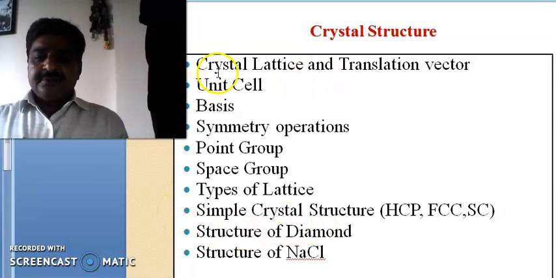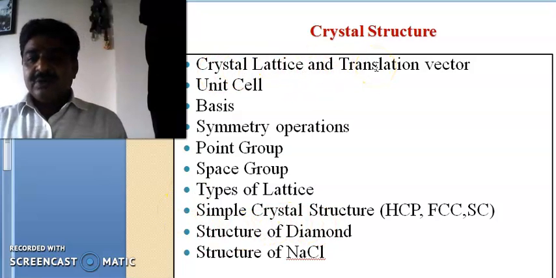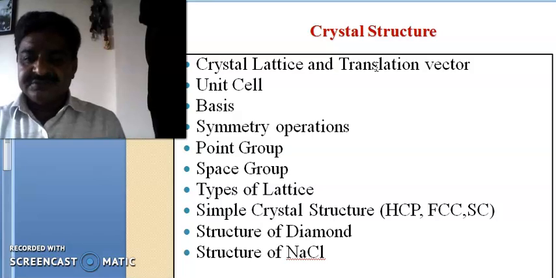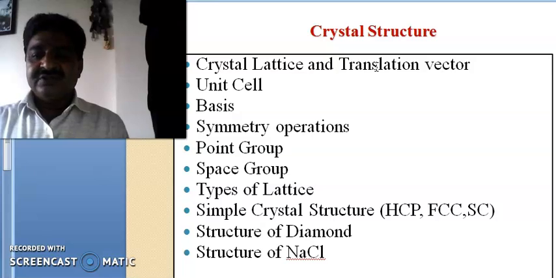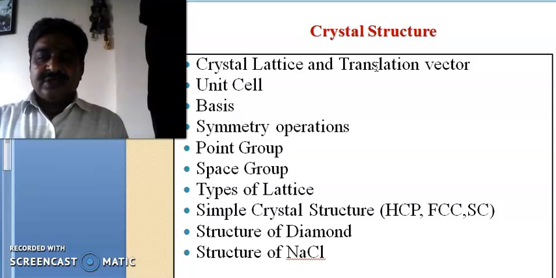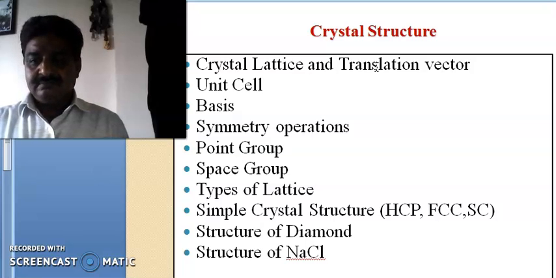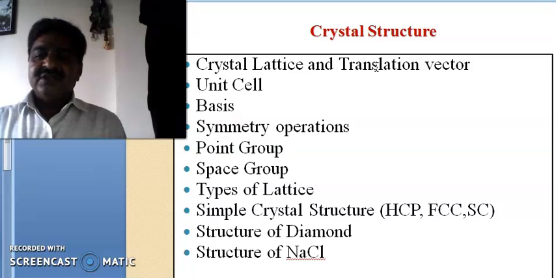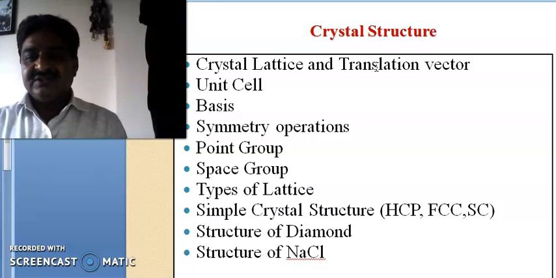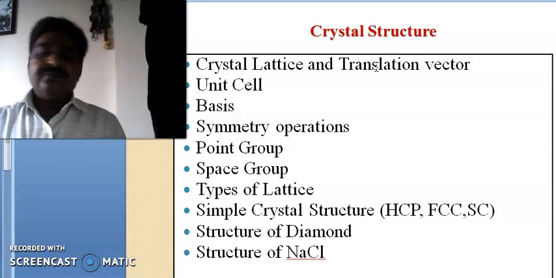So at this point you remember only what solids are: substances having definite shape and definite volume. I mean, the constituents of solids are arranged in a particular fixed way, and solids belong to the condensed state of matter. Solids as well as liquids belong to the condensed state of matter, and the remaining, gases, belong to the gaseous state of matter.